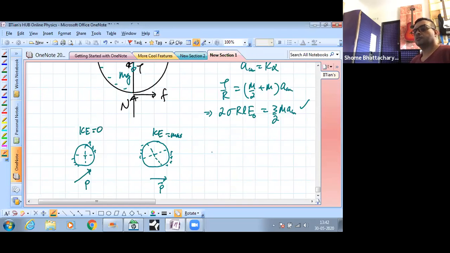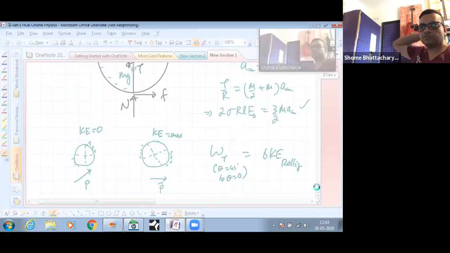So work done by the torque from theta equal to 45 to theta equal to 0 is equal to the change in kinetic energy of rolling. Or you can use that formula of potential energy of a dipole, which you would also derive from this concept.